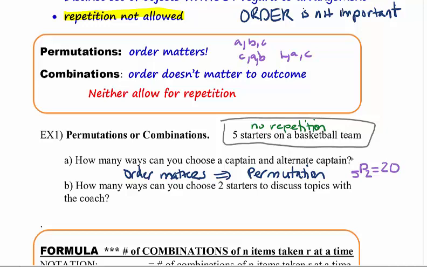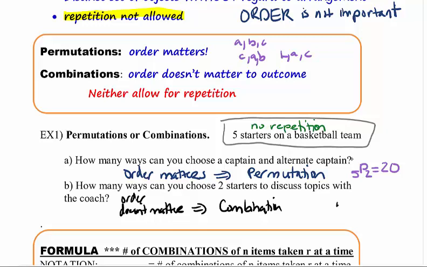On B, it says, how many ways can you choose 2 starters to discuss topics with the coach? I didn't say which one of them is talking, which one of them isn't. I'm just saying you're picking 2 people to go in and talk to the coach. There's not a distinguishing piece between the two. So this would be a combination because order doesn't matter. A combination will always have to pick part, because if we picked everything, it would only be one option.